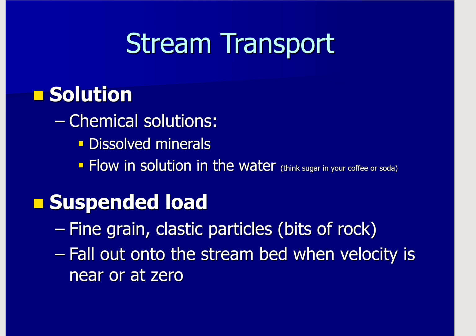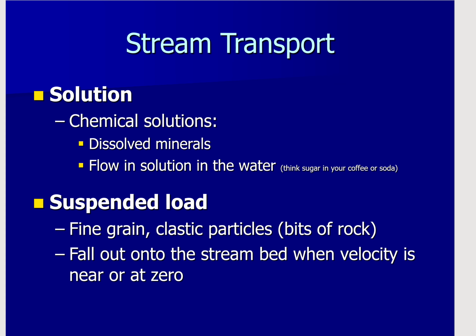Suspended load is small particles of rock, silt, for instance, very, very fine grained material that is suspended. It floats within the body of the river. This is the stuff you see. This is the muddy Mississippi bit, right? This is that cloudy Mahoning River.